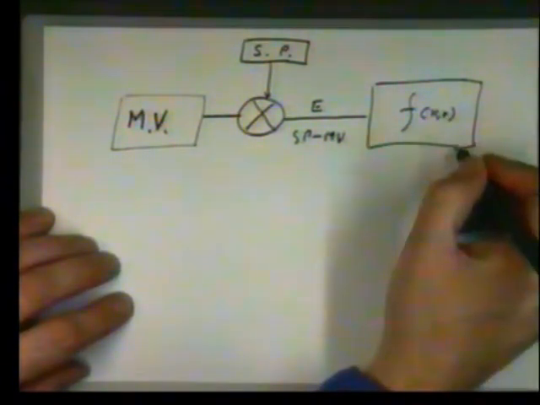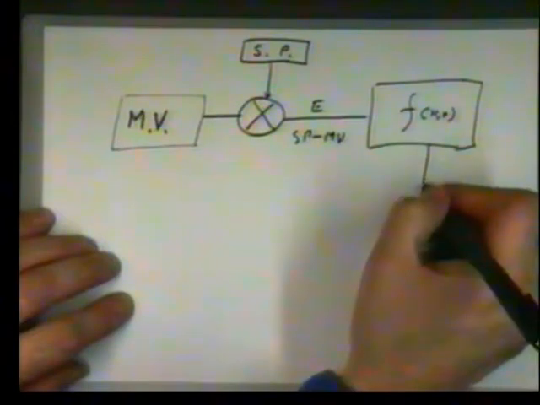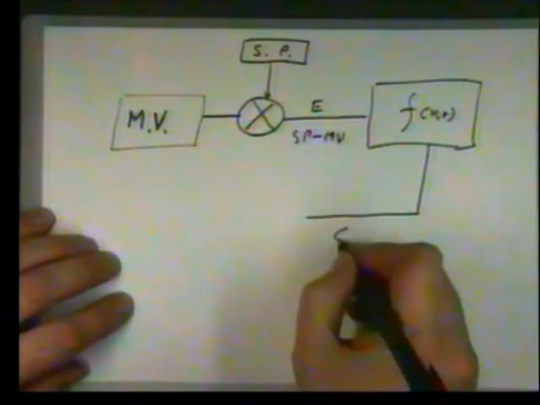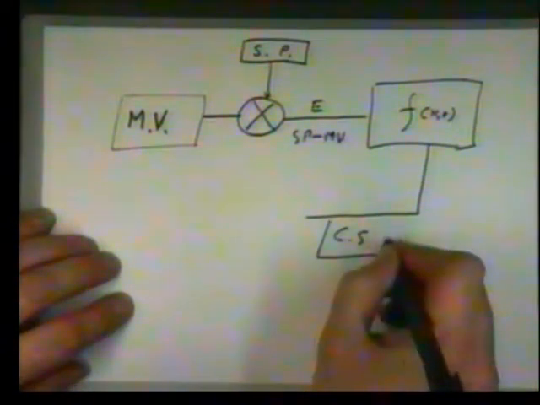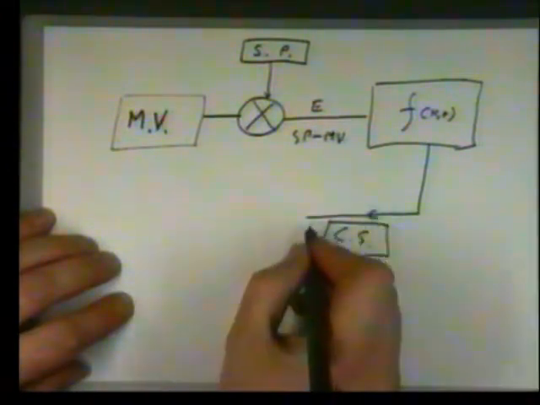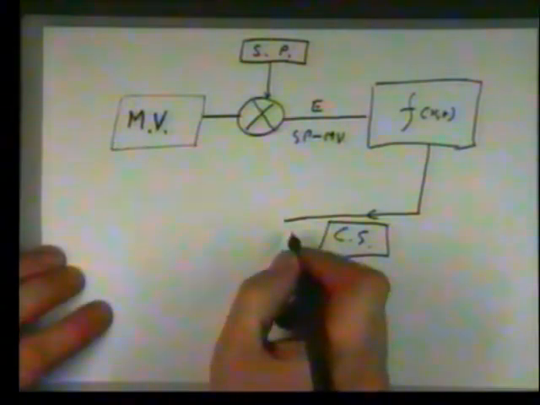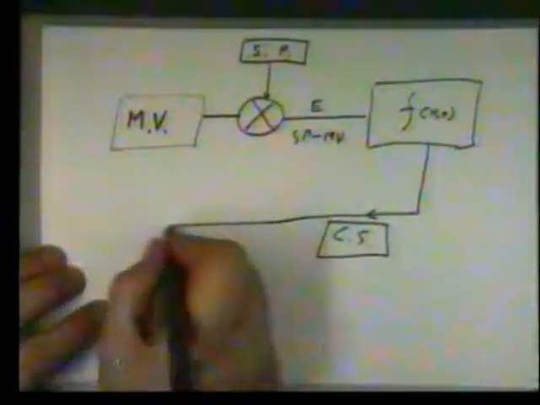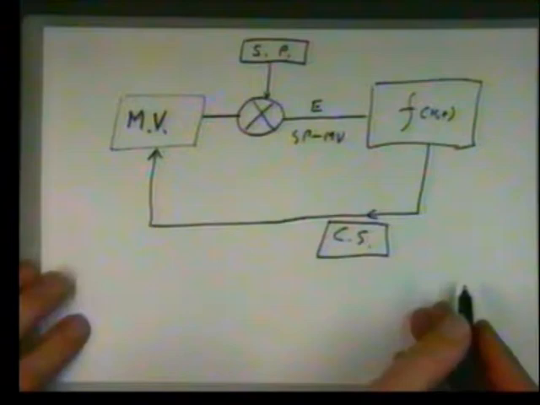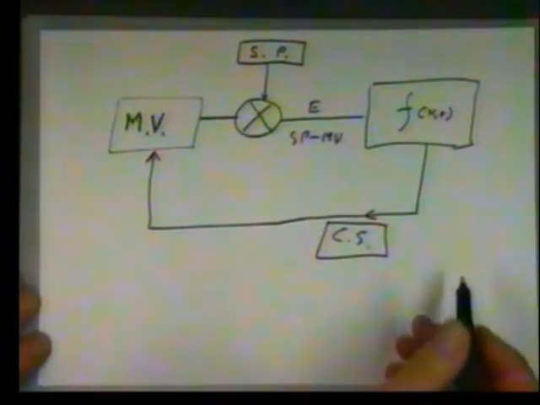This is what we're going to discuss. It will analyze that error, and then it will provide a control signal, CS, an output, that goes to whatever our actuators are, our real world system. We're not going to bother with that anymore. This is now a control signal that acts on the measured variable.